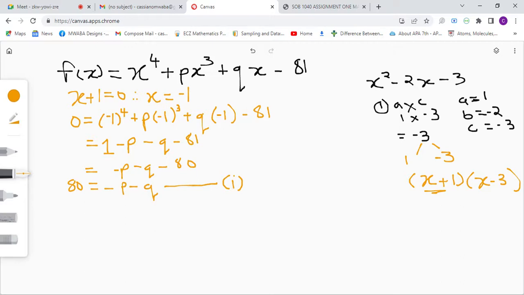Have you just assumed that because they are numbers, these 1 and 81 are like terms, so you can operate with them? But the letters are not like terms.